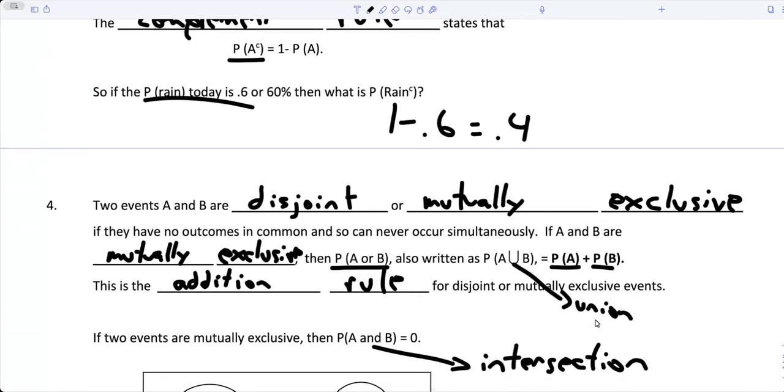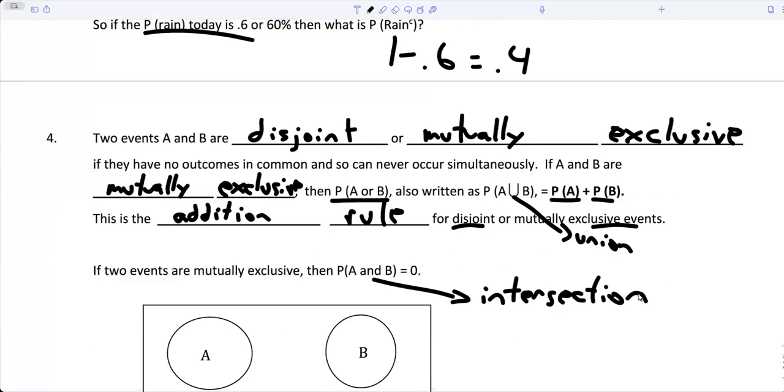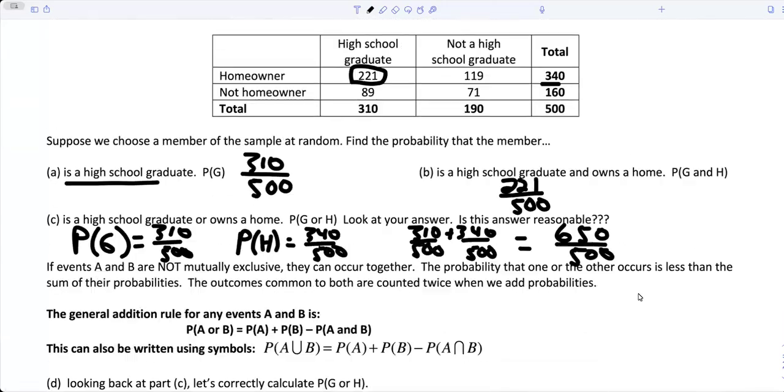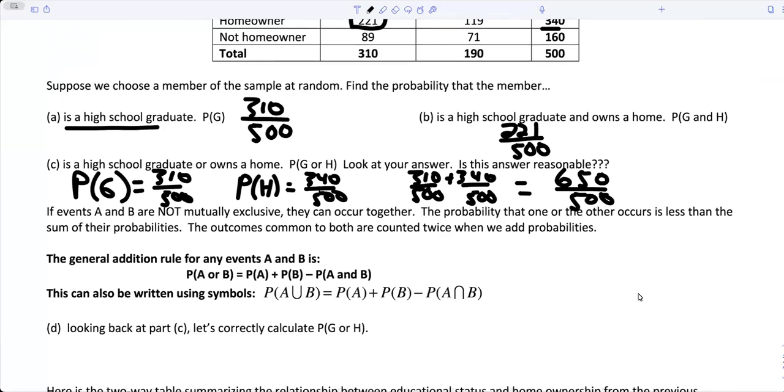The addition rule is for disjoint or mutually exclusive events. If you want to find the probability of A or B and the events are not mutually exclusive, then you must do this. Okay, it is the probability of A plus the probability of B minus the probability of A and B. That is for the probability of A or B if they are not mutually exclusive.